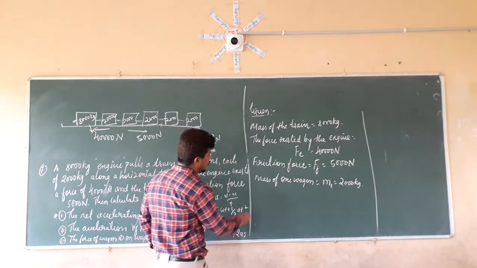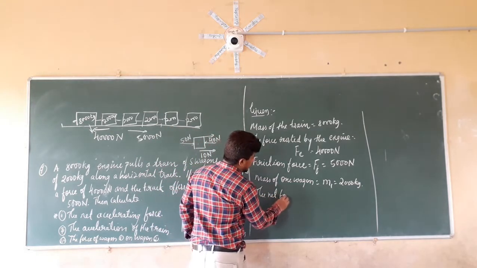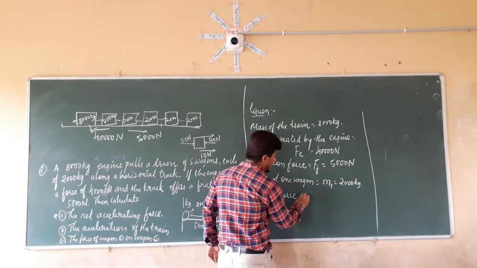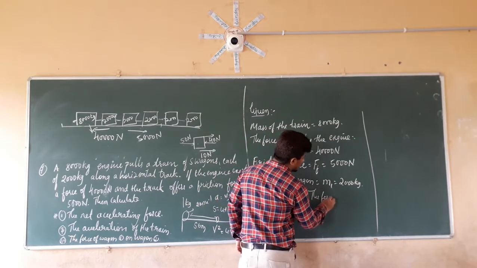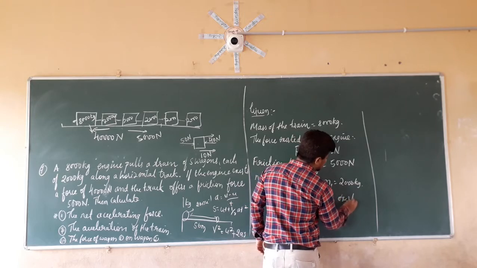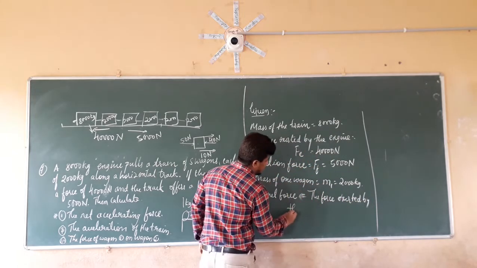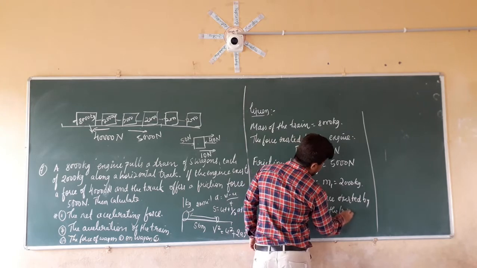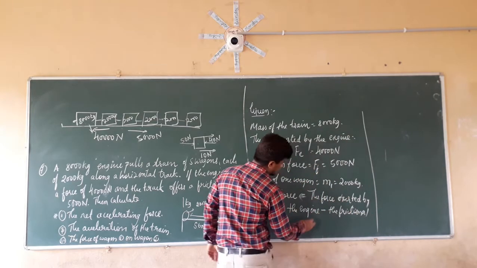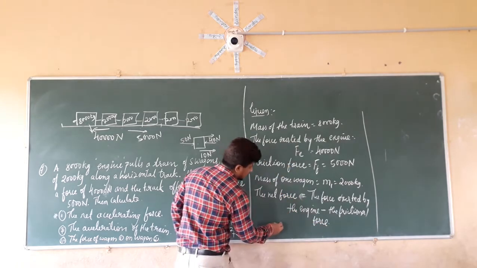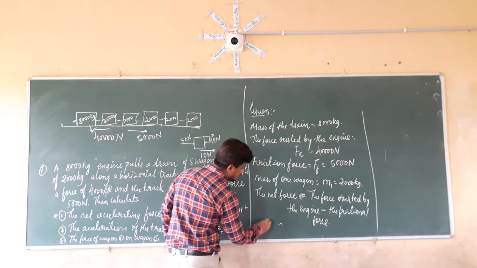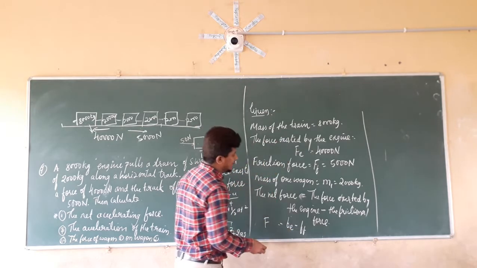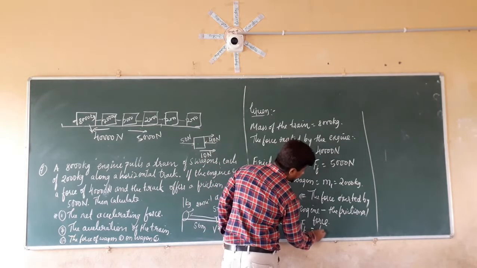Therefore, the net accelerating force F is equal to the force exerted by the engine minus the friction force, F equals Fe minus Ff. So that is equal to how much?